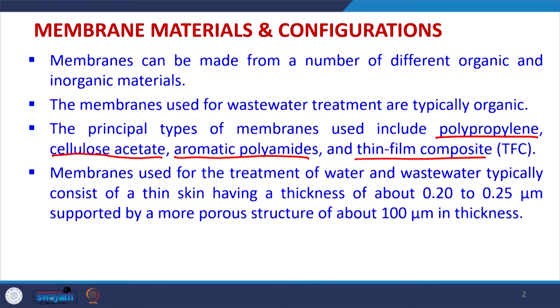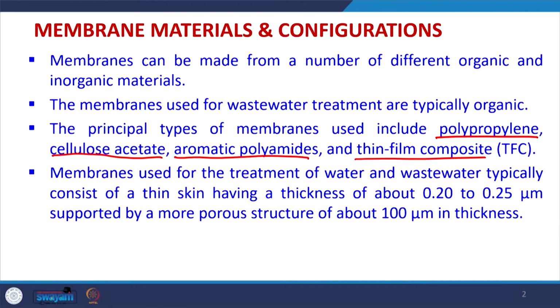Now, membranes used for the treatment of water or wastewater typically consist of a very thin skin having a thickness of around 0.2 to 0.25 micrometer, and this is supported on a more porous structure that is about 100 micrometer in thickness. So, this is how the membrane configuration is.